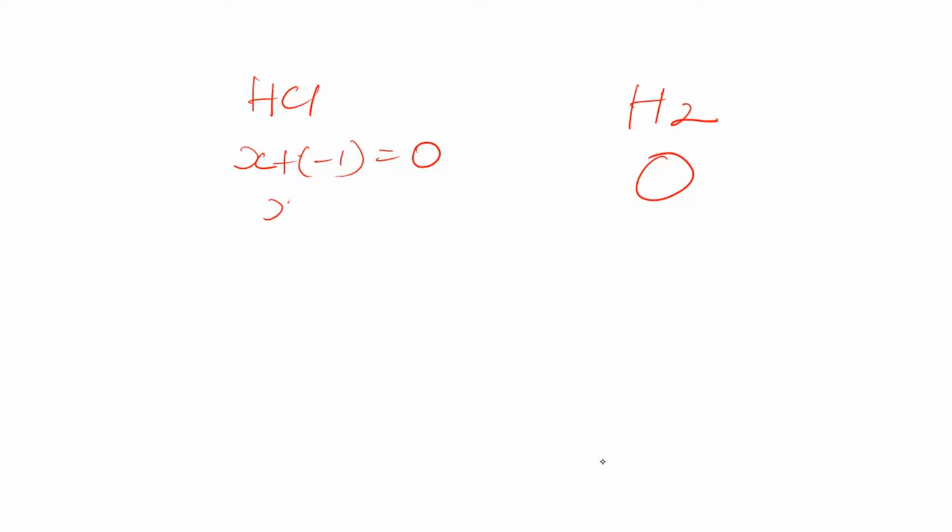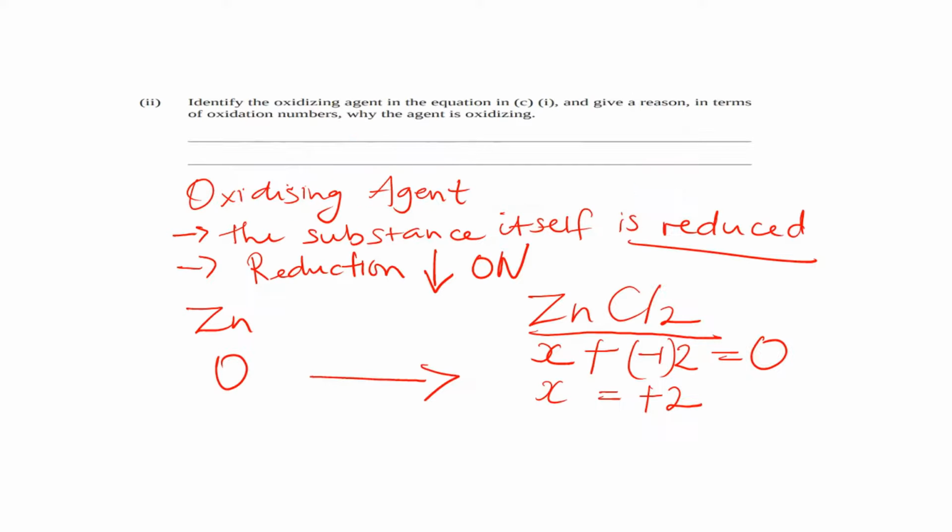Simple transposition, X is equal to +1. So as you can see, there's a decrease in oxidation number. So what that tells us about the HCl is that it is acting as the oxidizing agent, because remember what we stated is that the oxidizing agent, the substance itself is reduced, and reduction is a decrease in oxidation number.